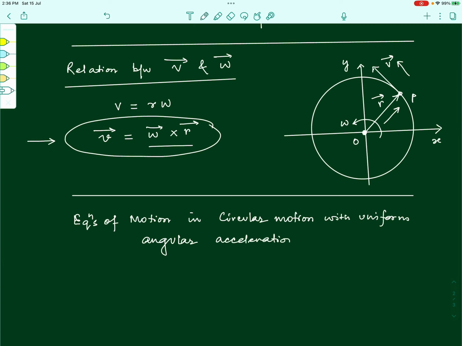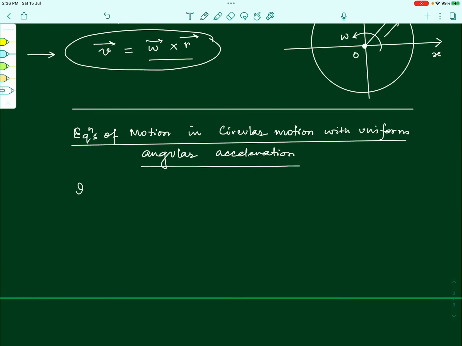We have already studied the equations of motion in the chapter motion when we said that in case the acceleration of a moving body is a constant, there are three equations that can connect its initial velocity, final velocity, displacement, acceleration and time.